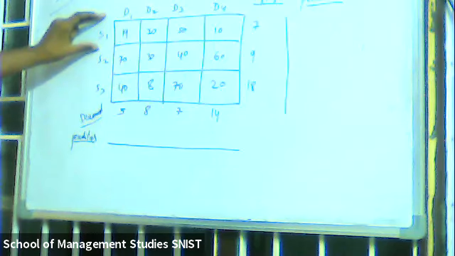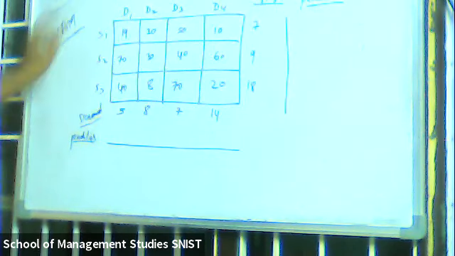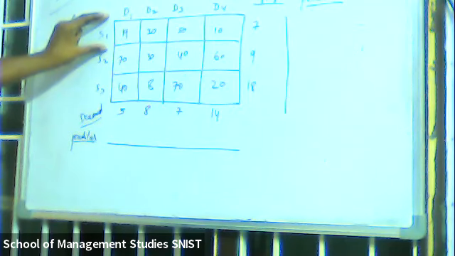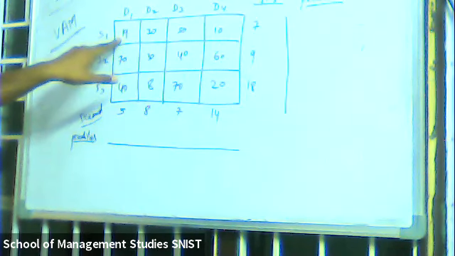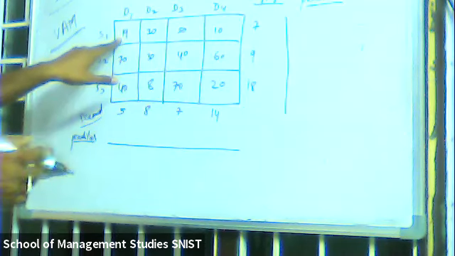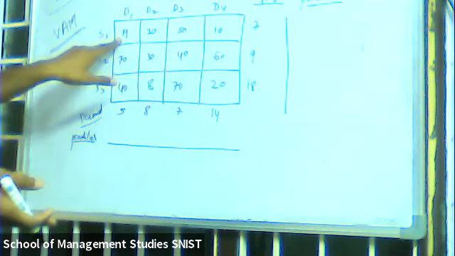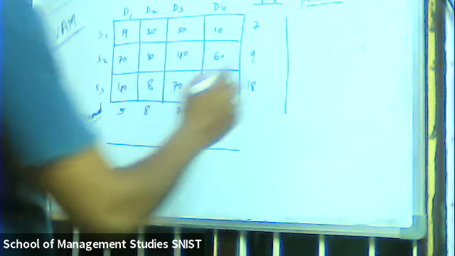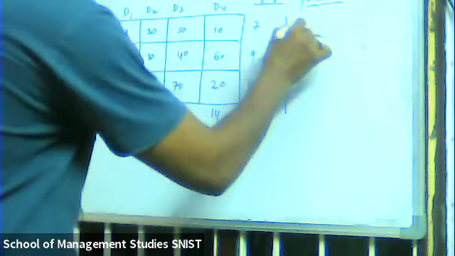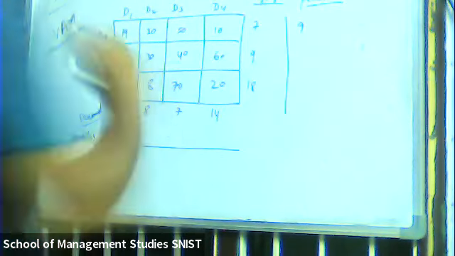In the first row, which one is the minimum value? 10. Then the next least value is 19. Don't subtract 10 minus 19; it is 19 minus 10. How much? 9. So that is your penalty in this row.